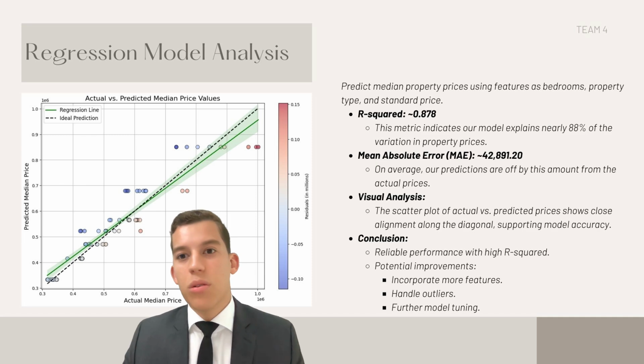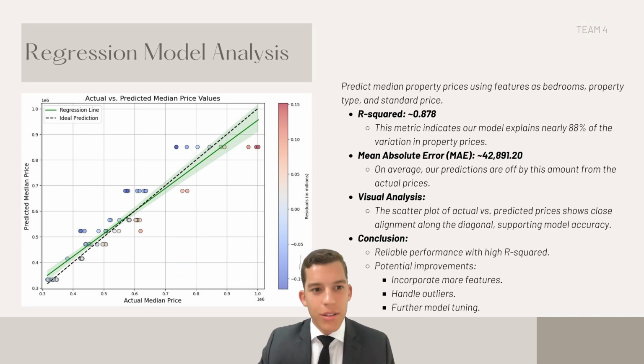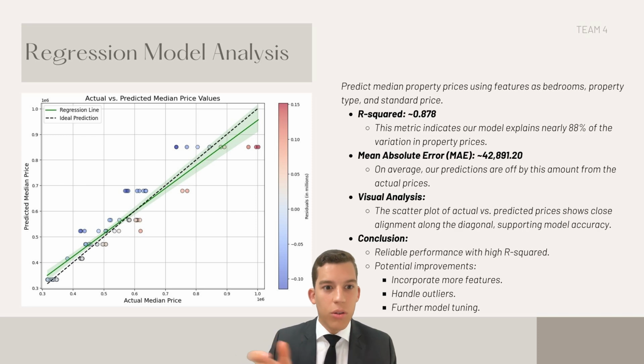We see that we have a good model to predict future prices. On this plot, the dots that are close to the line mean that the model's predicted prices are close to the actual prices.